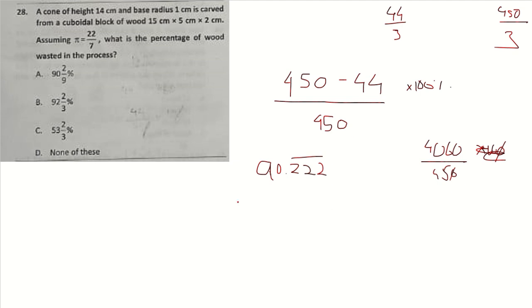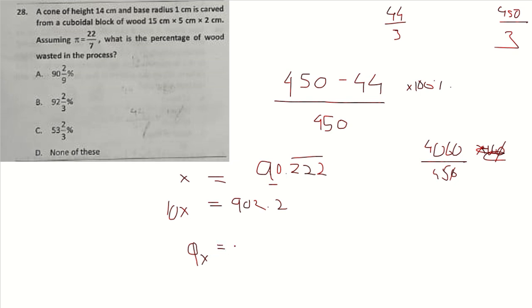And when we solve this, there is a method where x is equal to this, and then 10x is equal to 902.2 bar, and then 10x minus x, which is 9x, is 902.2 bar minus 90.2 bar.